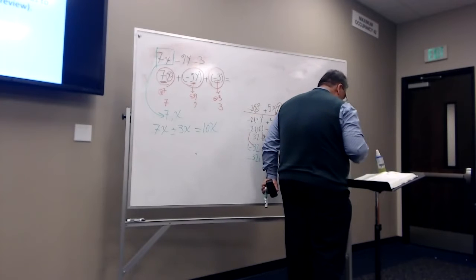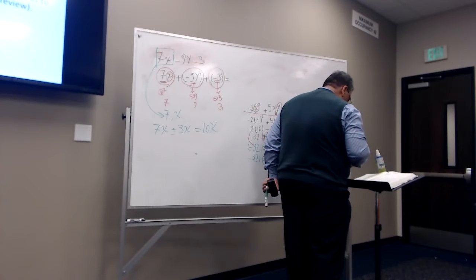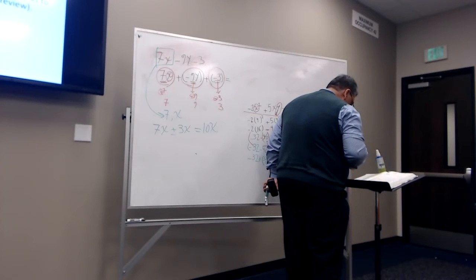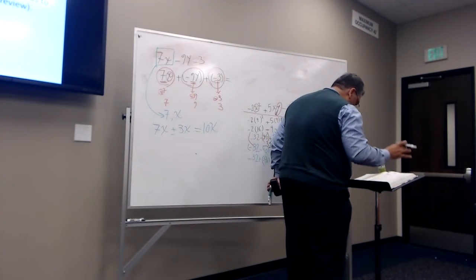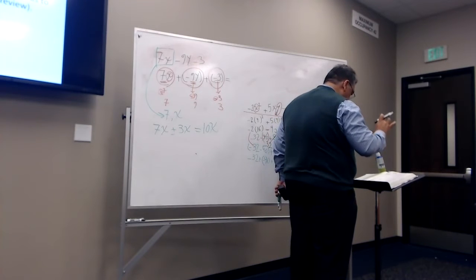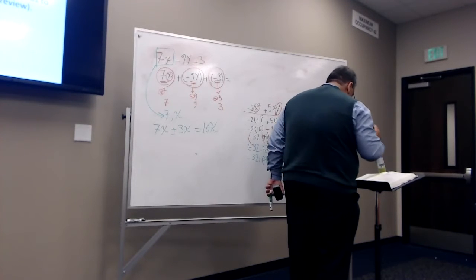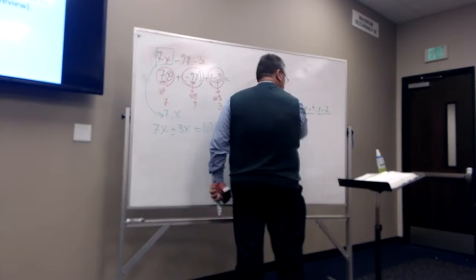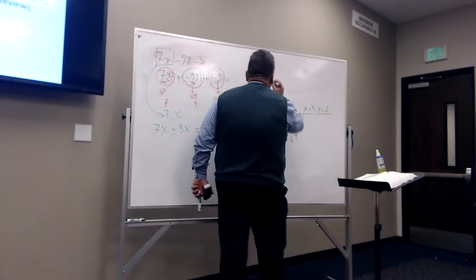A plus B is equal to B plus A. A times B is equal to B times A. A plus B, parenthesis, plus C is the same as A plus, parenthesis, B plus C. But this is very useful in algebraic expressions, the distributive property.